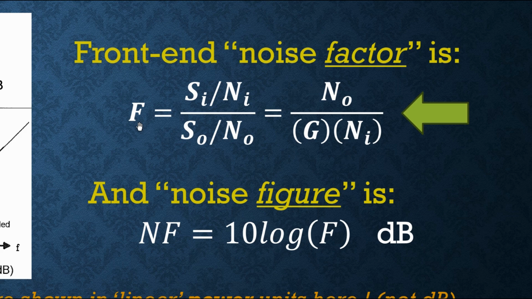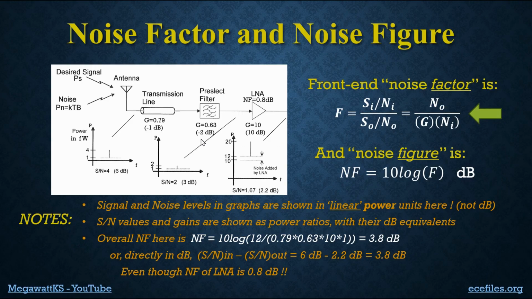It says quite simply that the noise factor is the total output noise divided by gain times input. Oh, that would be the output noise if the amplifier didn't add any noise itself. But the amplifier and other things surrounding it will add noise. And so we're going to work through this little figure here and try to understand that.